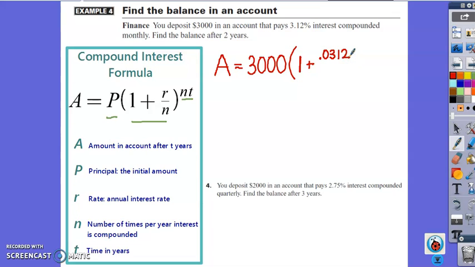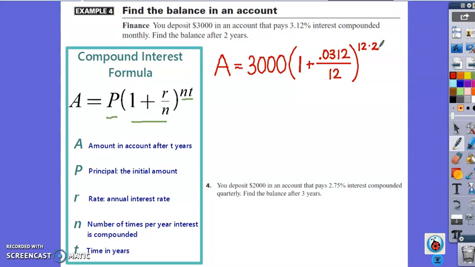So 3.12 as a decimal would look like that. Compounded monthly. That means every month we get that interest. So the number of times per year the interest is added is 12 times per year, monthly. And then the power is going to be that 12 times how many years? So after 2 years, we'll have interest added 24 times, yeah?